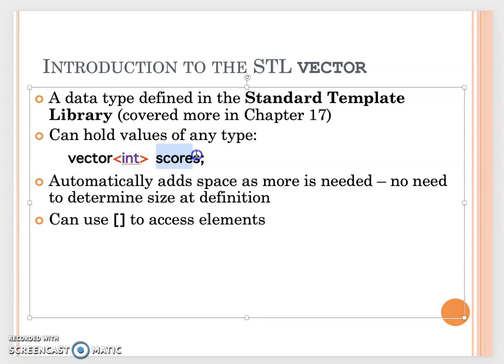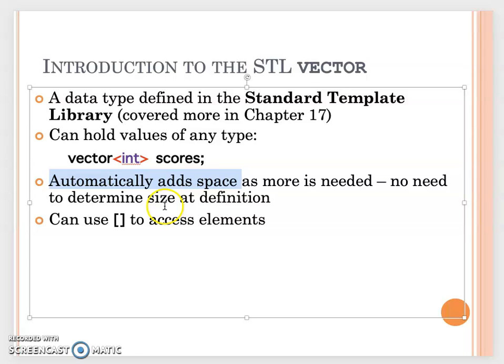Then we have the object name. You didn't see what the size or capacity is, right? Because if you don't specify it, it will be given a default value, maybe size 2. But if you need more, the vector itself will automatically add more space.